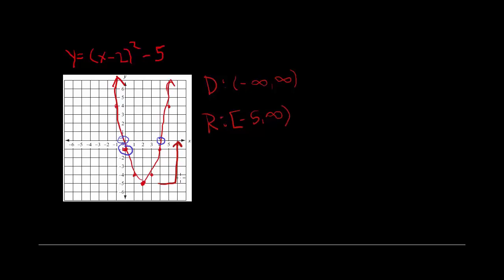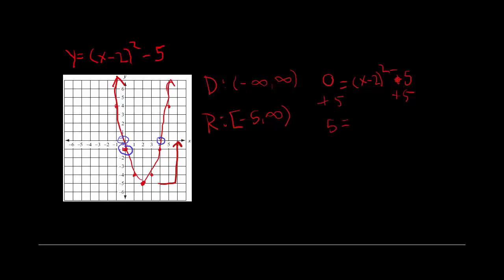And I guess the next question would be, how can we solve for our roots? If we want to know where these roots are, what can we do here other than trying to type it in our calculator? Well, we know our roots, the y value is 0, so we can say 0 equals x minus 2 squared minus 5. Now we just need to get x by itself, so I add 5 to both sides.